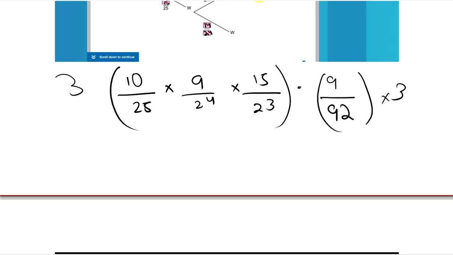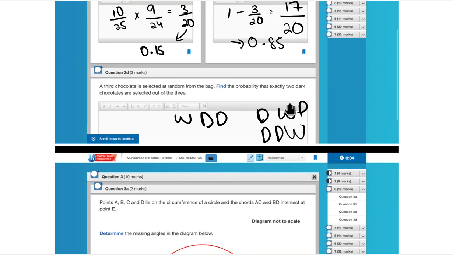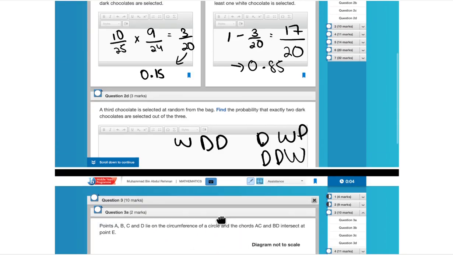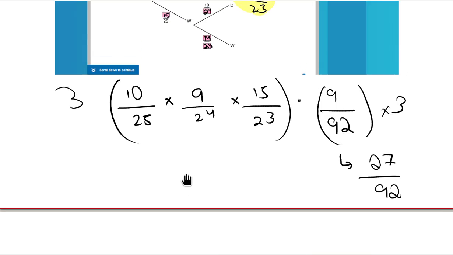If we multiply this, we are going to get an answer of 27 divided by 92. So here you get it. 27 over 92 would be your final answer.